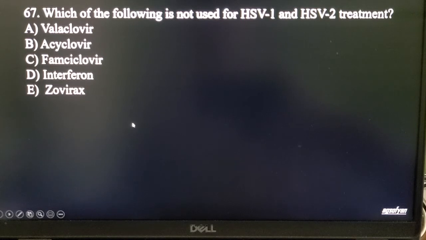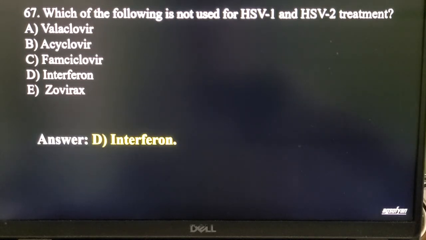67. Which of the following is not used for herpes simplex virus 1 and herpes simplex virus 2 treatment? Which one is not? Valacyclovir, acyclovir, famciclovir, interferon, or Zovirax? Choose your answer. The answer is interferon. Interferon is not used for treatment of herpes viruses, especially herpes simplex 1 and 2.